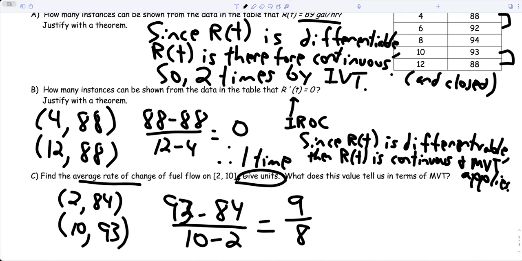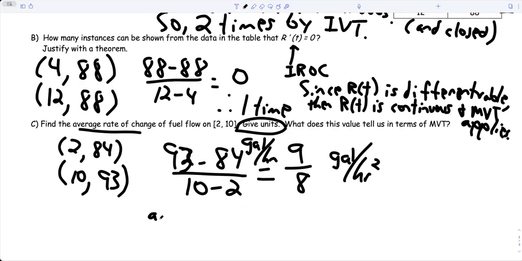R of t is a rate. Gallons per hour in the numerator. What's in the denominator? Time, which is measured in hours. Therefore, this is going to be gallons per hour squared. Because if I have a velocity and I find the slope, I'm taking the derivative, which would be like an acceleration.